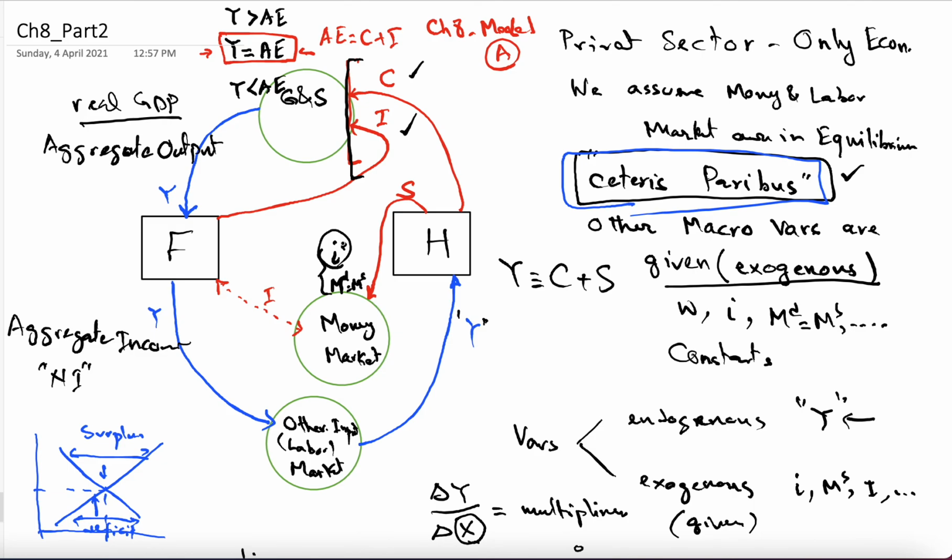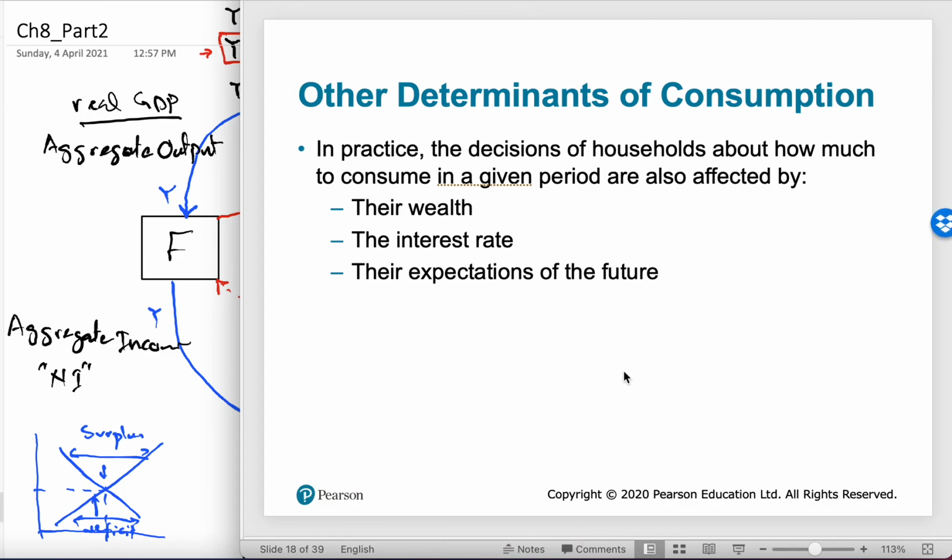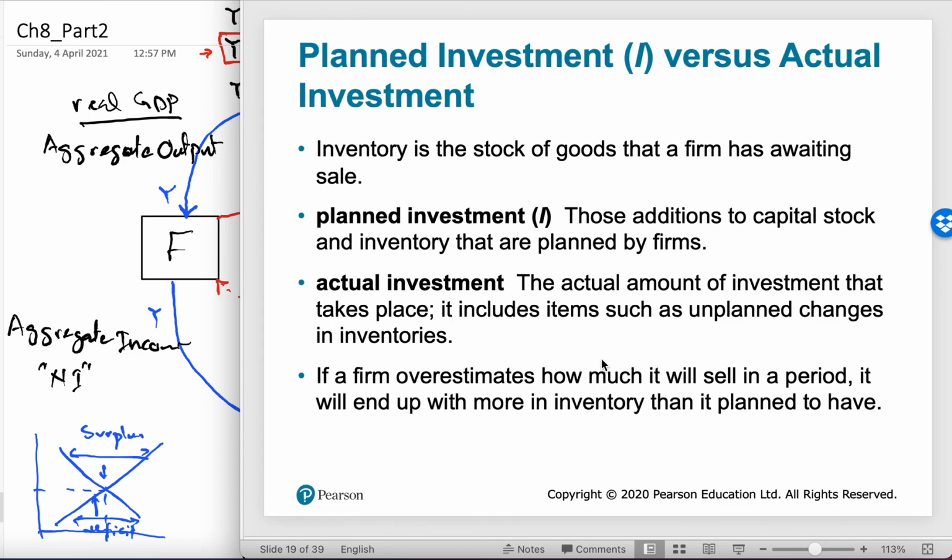So if the interest rate goes up, saving will go up, hence the consumption will come down, because at a given level of output, if saving goes up, then the consumption should go down. So consumption is negatively affected by the interest rate. So these are other factors which affect the consumption function.